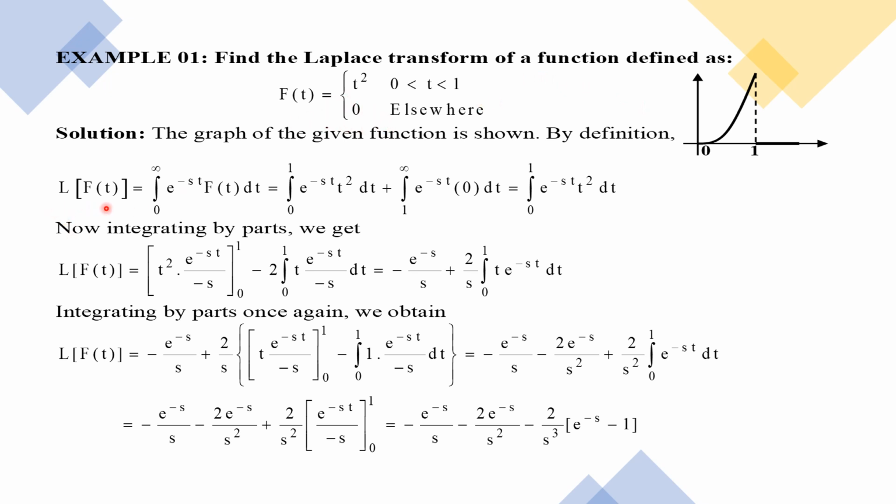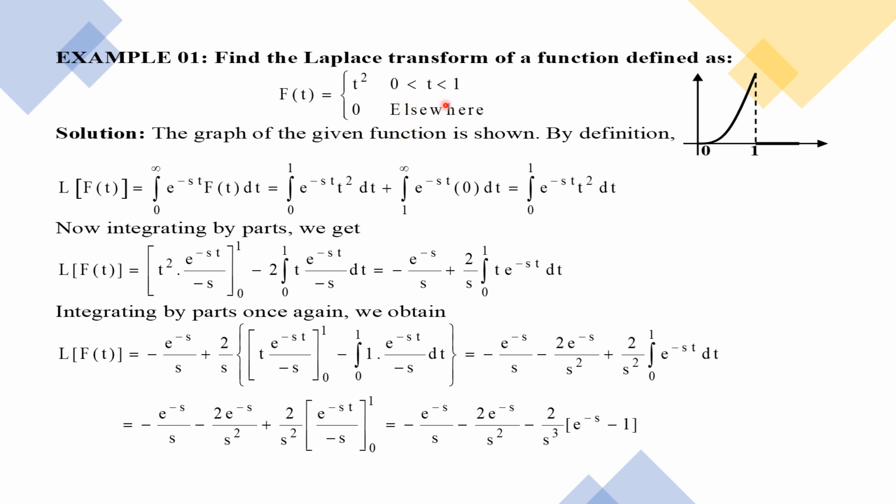Laplace of f of t, by the definition of the Laplace transform, is the integral from 0 to infinity of e power minus st f of t dt. Here f of t is defined in two ways, so we break this integral according to the domain of this given function. 0 to 1 e power minus st t square.